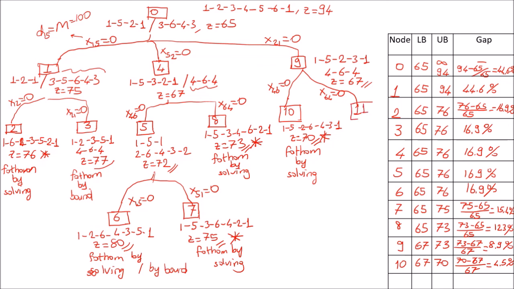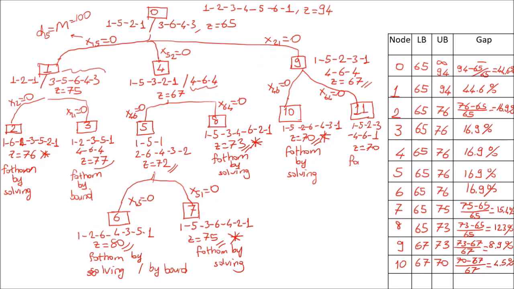We set it as node number 11. And when we solve it, we obtain 1, 5, 2, 3. So I'm continuing here. 2, 3, 4, 6, and 1. And the Z value is 70. There are no subtours, and the Z value is equal to the previous incumbent solution.